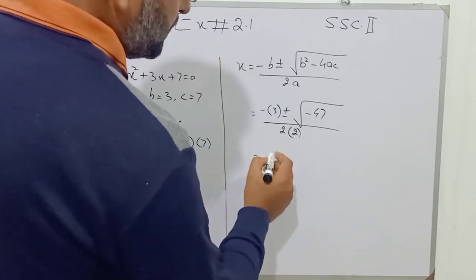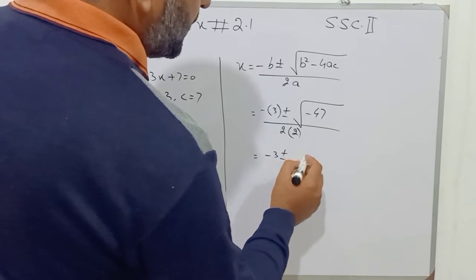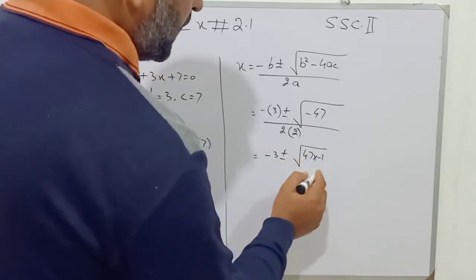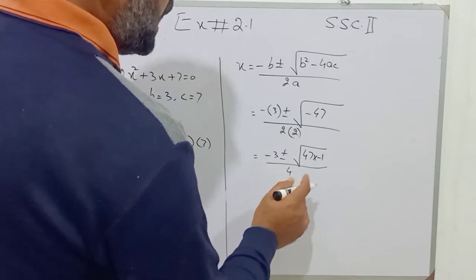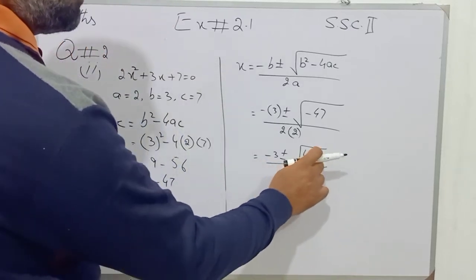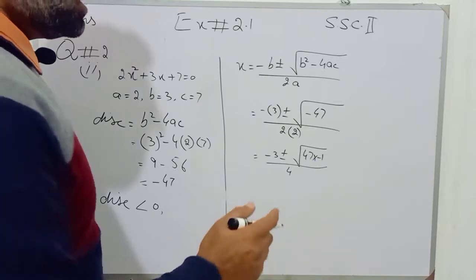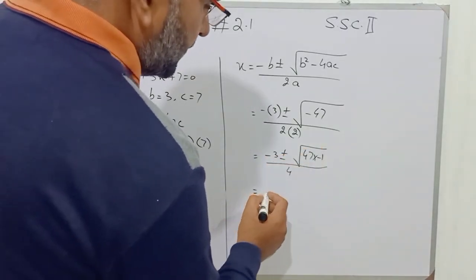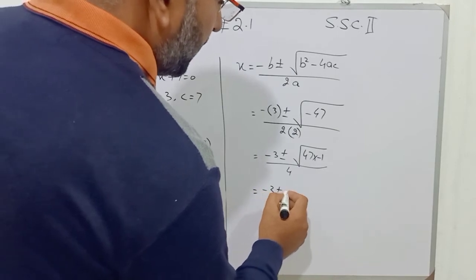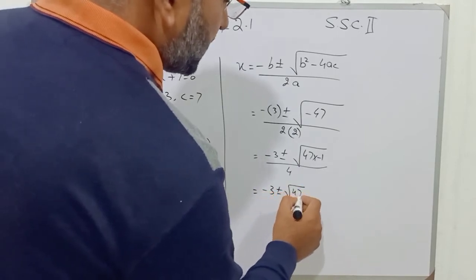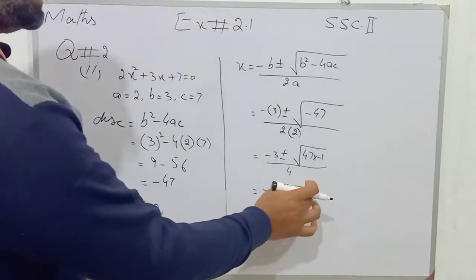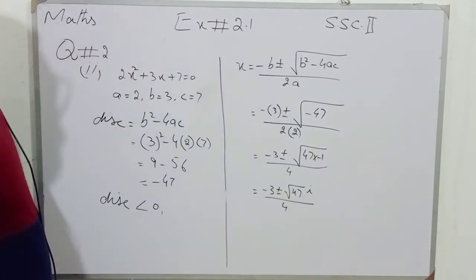So it will become minus 3 plus minus under root 47 multiplied by minus 1 over 4. And students, you know that square root of minus 1 is called iota, so I will put iota in place of under root minus 1, and it is written minus 3 plus minus under root 47 iota over 4, and this iota is indicating that the roots are imaginary.